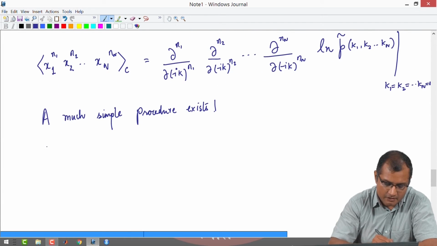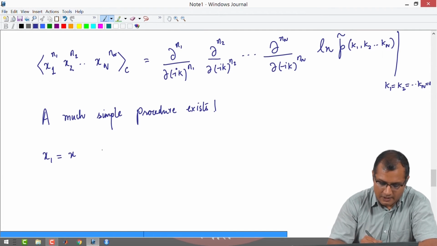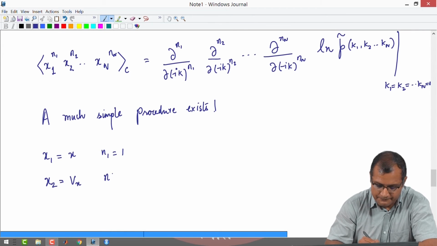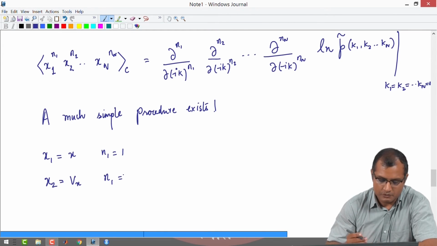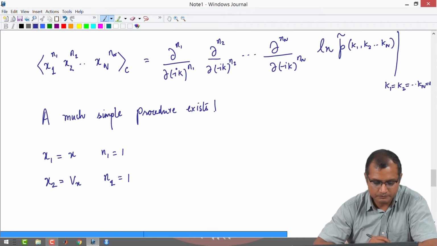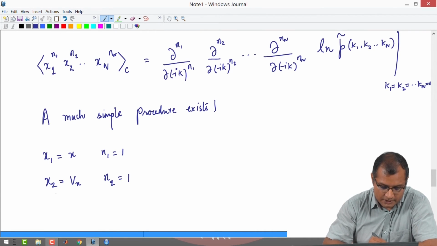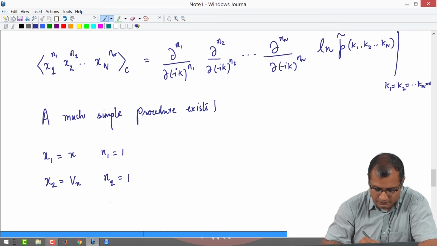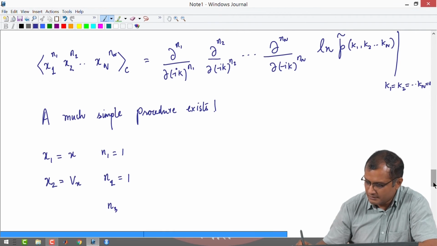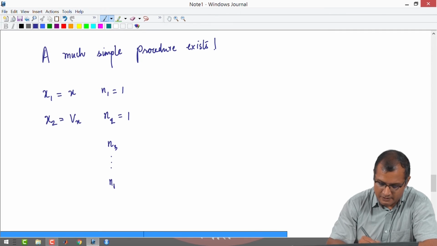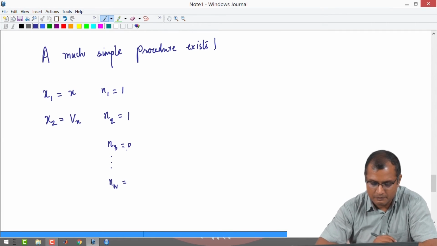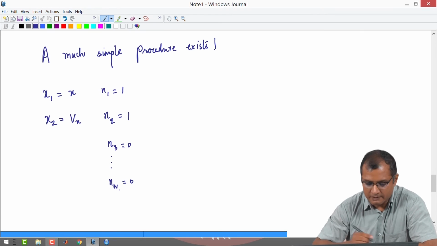So for example, I take x1 equals x, and I take n1 equals 1, and I take x2 equals Vx, and n2 equals 1. And I take all other powers, n3 all the way to nn, as 0.